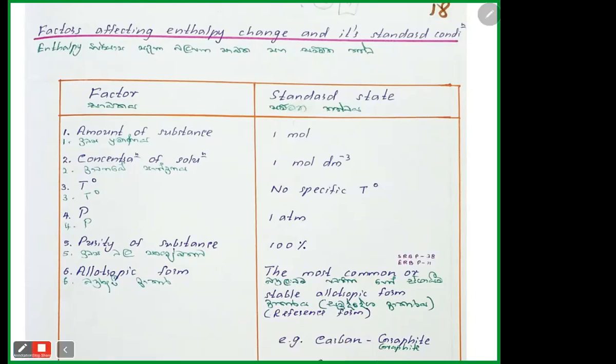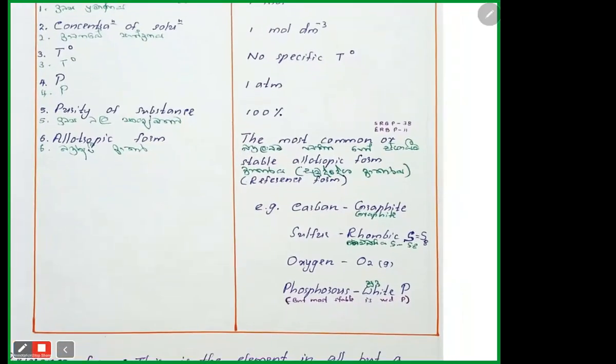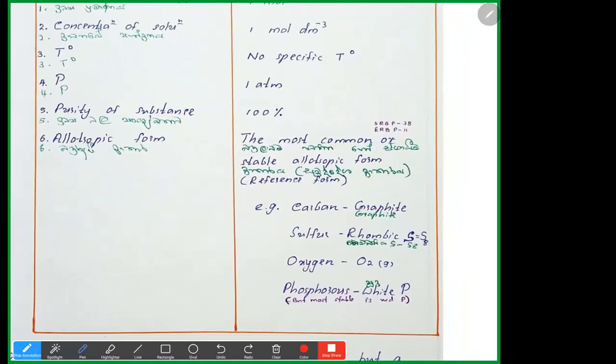And the last thing is the allotropic form. This has two different definitions: either most common or most stable. Either of these can be the allotropic form. If we decide one is the allotropic form, then we consider only that as the standard form.